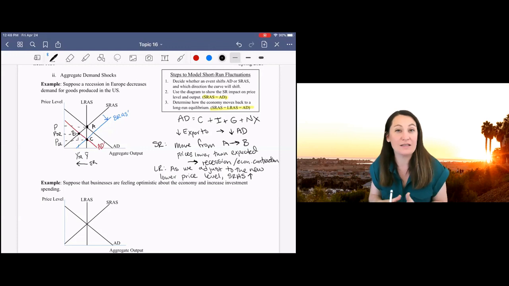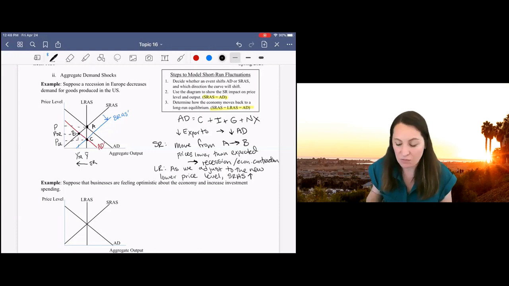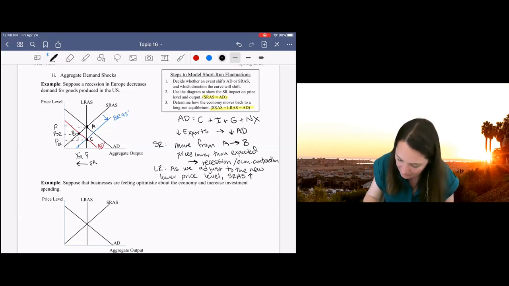People will be willing to supply a larger quantity of goods at a lower price because they know that prices overall are lower. And we will return, right? We're moving in the short run from A to B, and in the long run from B to C.